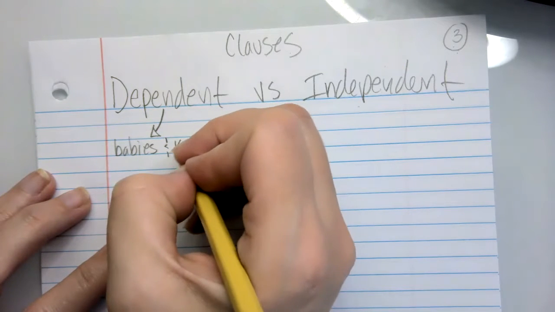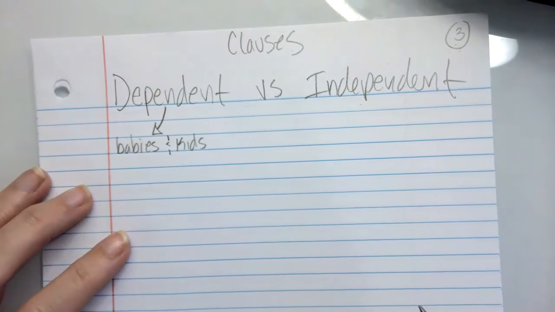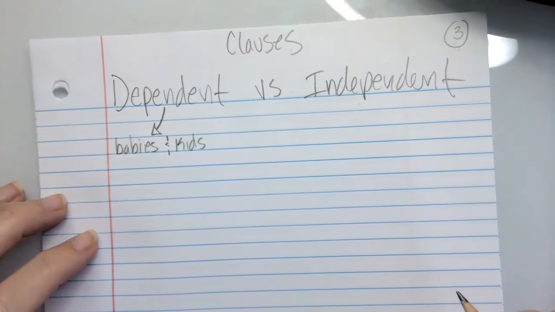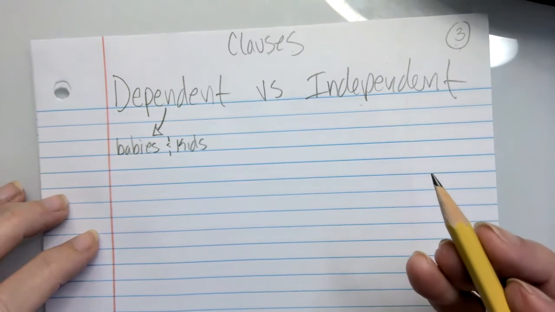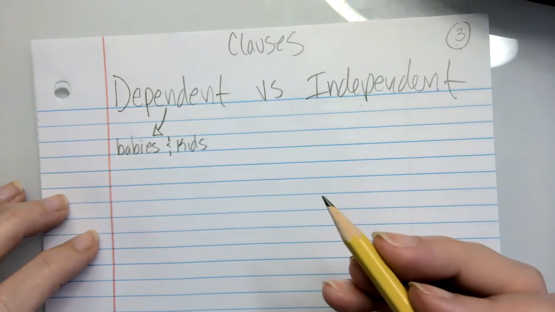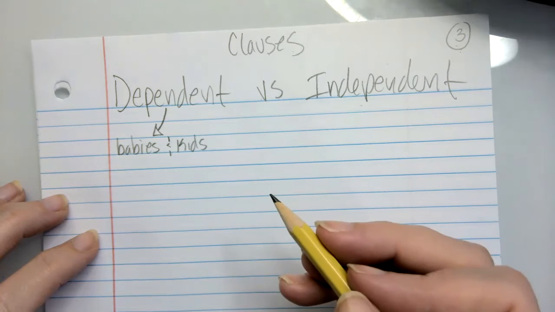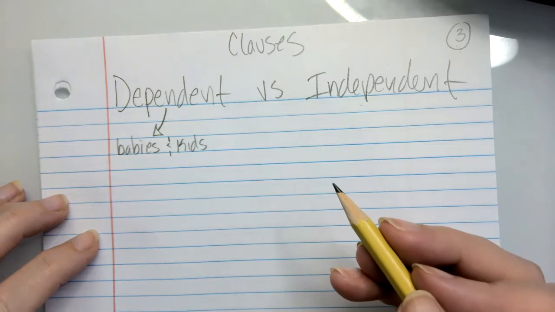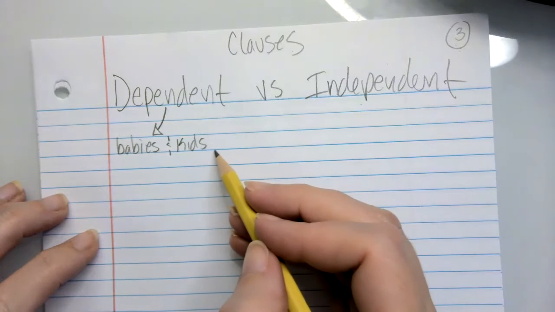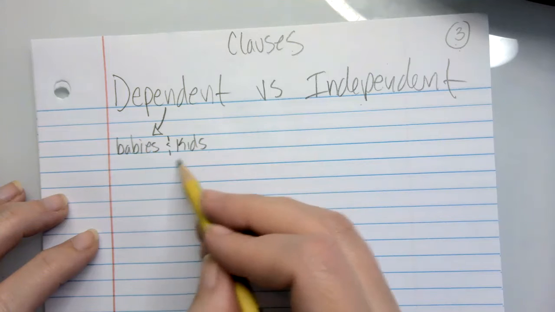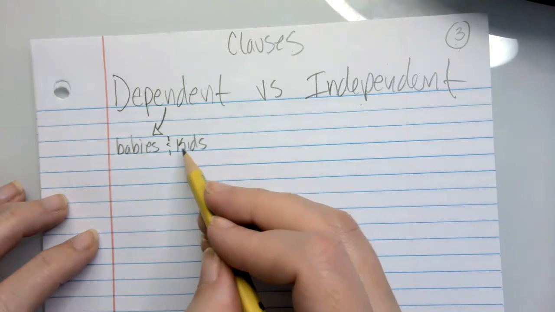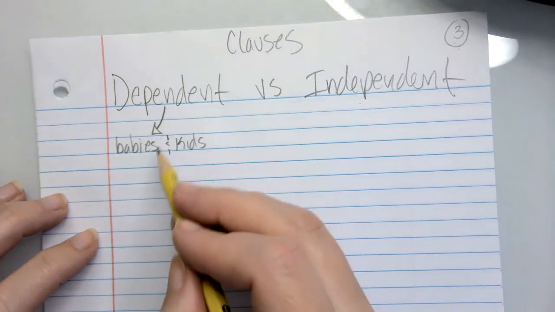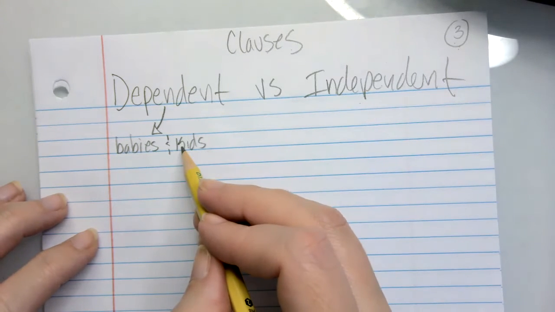Babies and kids are dependent upon their parents for everything they need: food, shelter, love, personal interrelational connection, all of the things we need to survive and grow. We are dependent upon somebody else until we hit a certain age.